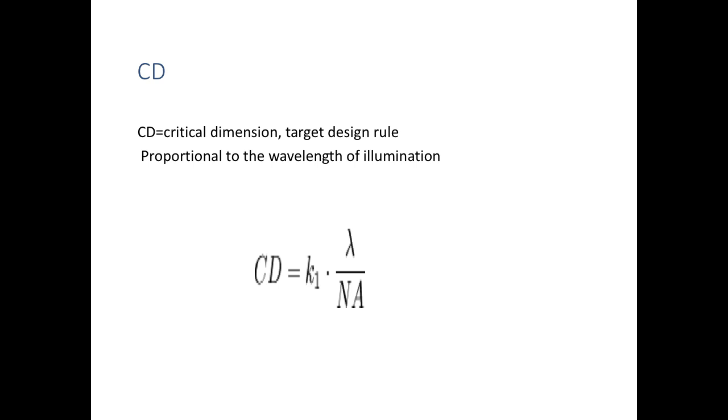The important dimension, the critical dimension, is typically used to determine the smallest feature that can be resolved using this photolithography technique, and it is linear in the wavelength and inversely proportional to the numerical aperture of the optical system. Typically, we have seen 193 nanometer imaging being used, but we have since transitioned to a soft X-ray system based in 13 nanometers, known as the ASML twin scan machine.